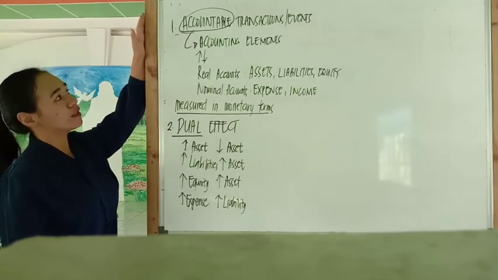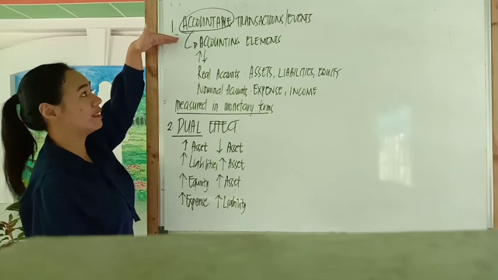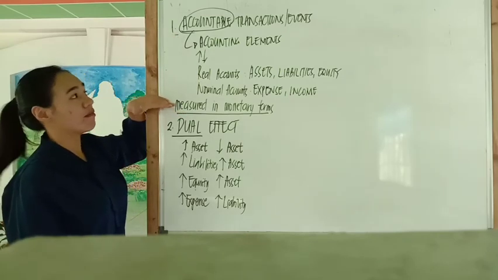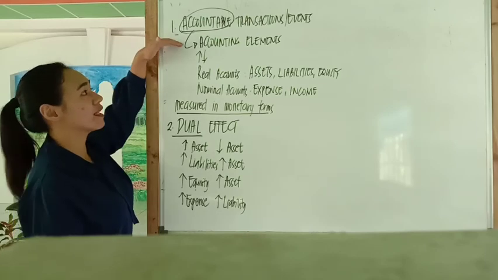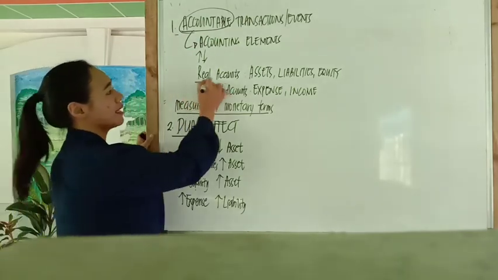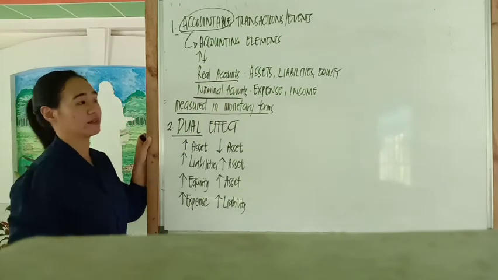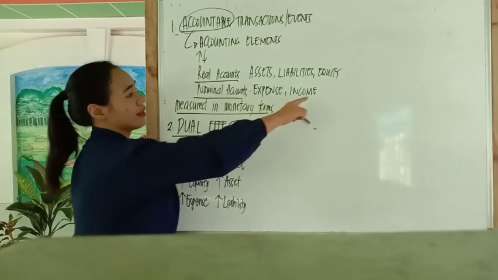We are only going to account for transactions or events that are accountable in terms of money. Ang ibig sabihin natin kung accountable transaction, it has an effect in your accounting elements, whether it's the real account or your nominal account. For your real account, it will include your asset, liability, and then equity.